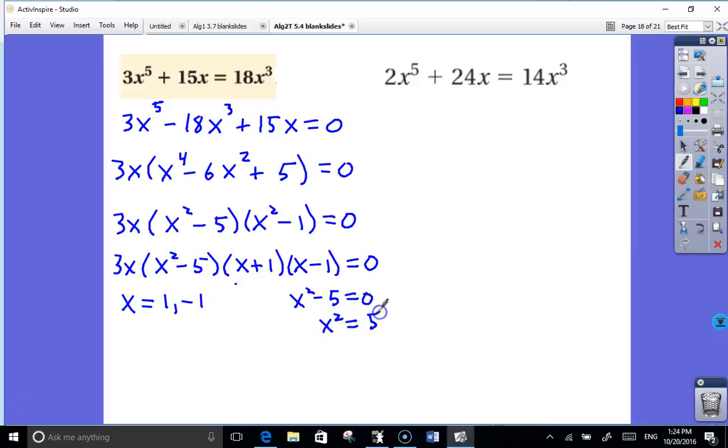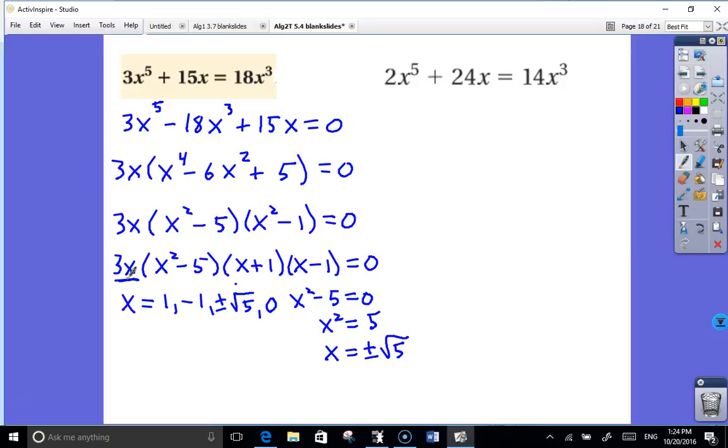And then when you take the square root, you have to say plus or minus the square root of 5. Now we're missing one, 0. Remember, when you have just x by itself, then 0 is the zero.